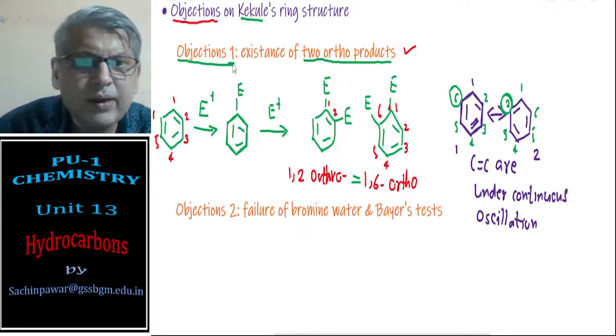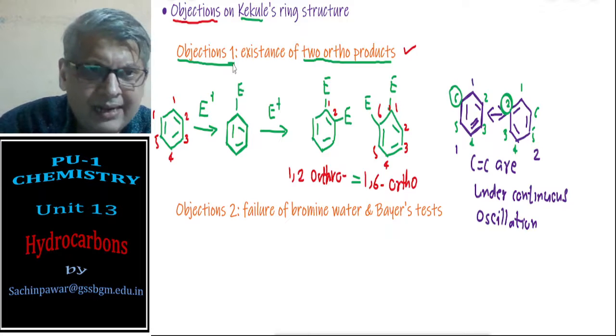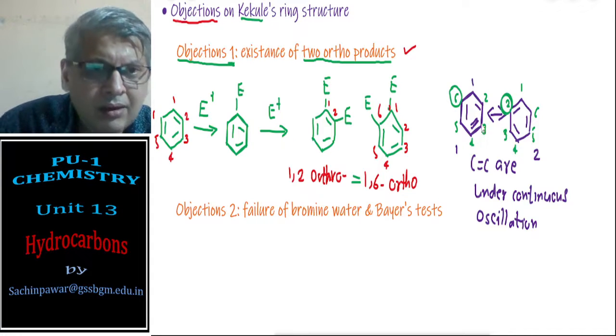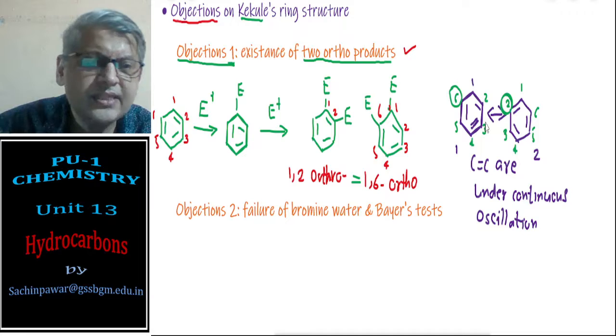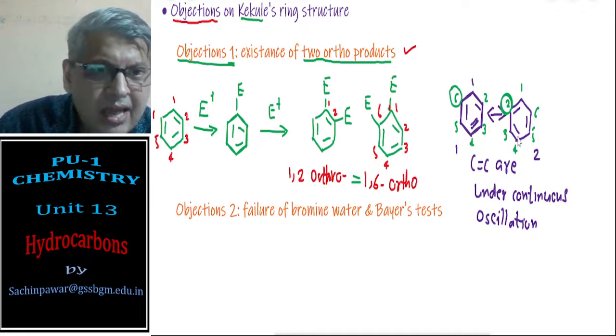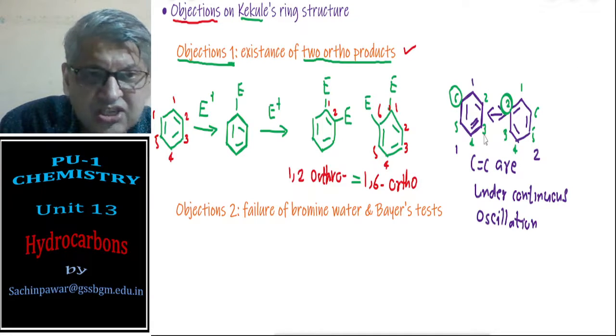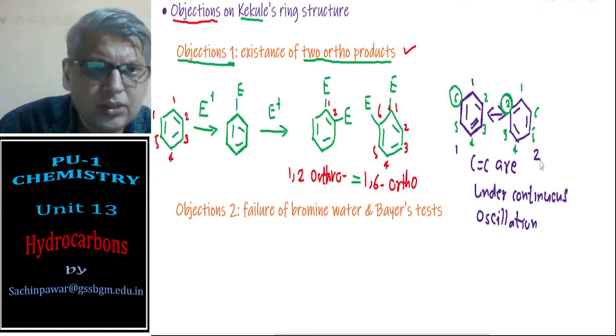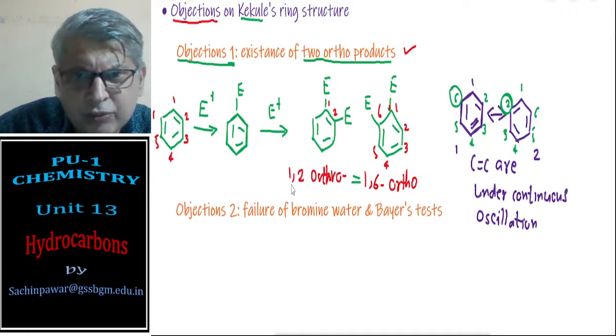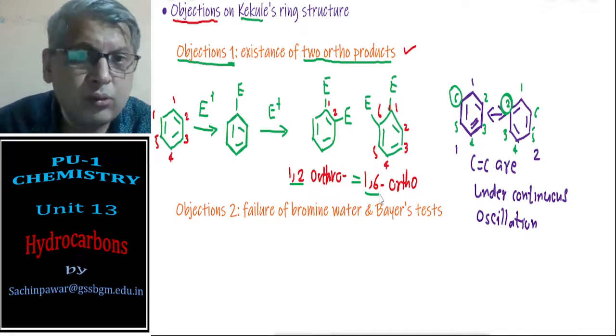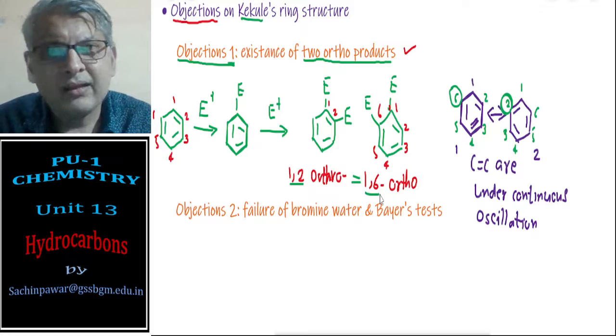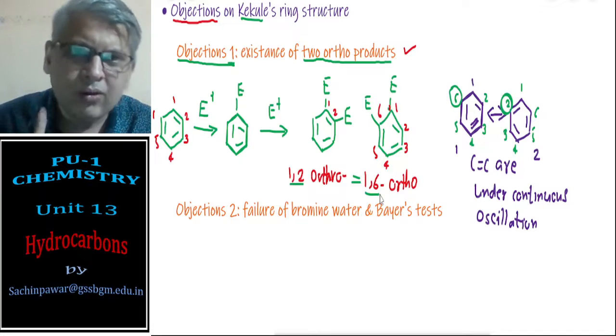So objection number 1 is overcome by saying that benzene has 3 double bonds, and these 3 double bonds are continuously changing, and there are two possible structures for benzene. This is Kekulé structure 1 and Kekulé structure 2, and therefore position 1 and 2 are the same as position 1 and 6 according to the IUPAC system, and that's why there are no two ortho products, there is only one ortho product.